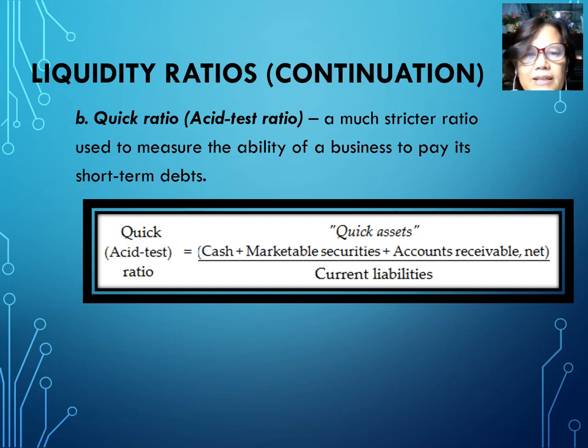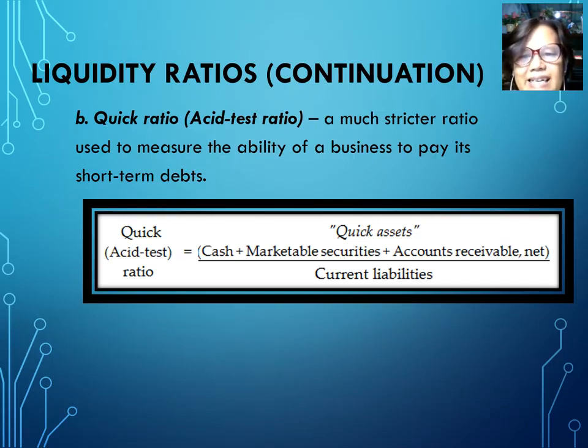Okay? Let's move to liquidity ratio. This is number 2 example in the liquidity ratio. So, quick ratio is termed as acid test ratio or quick acid test ratio.